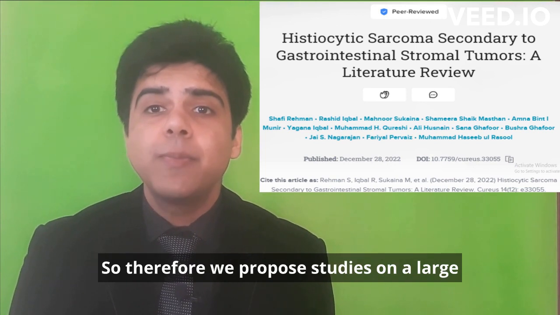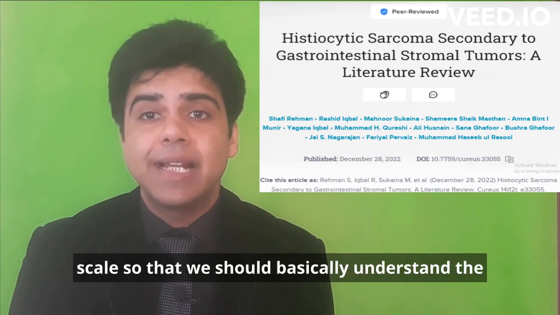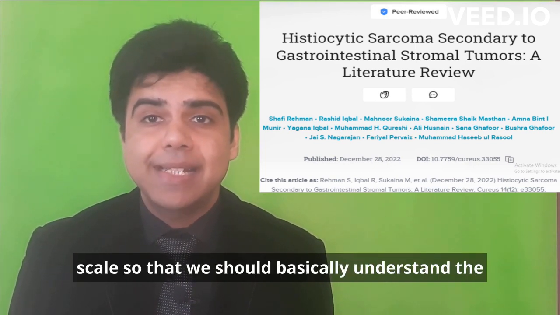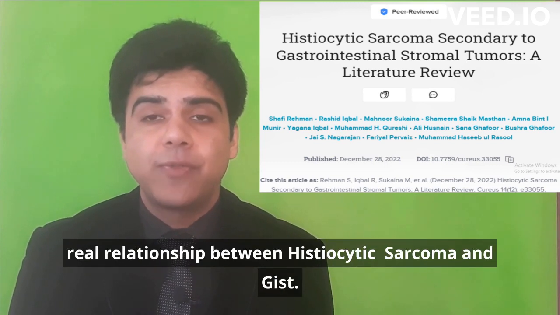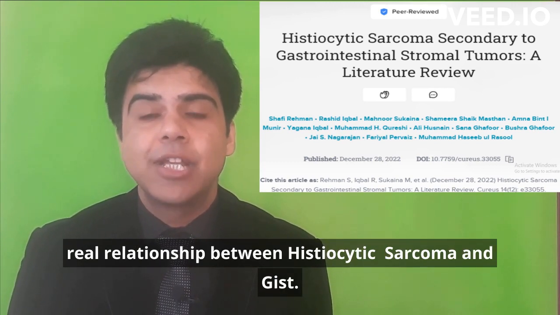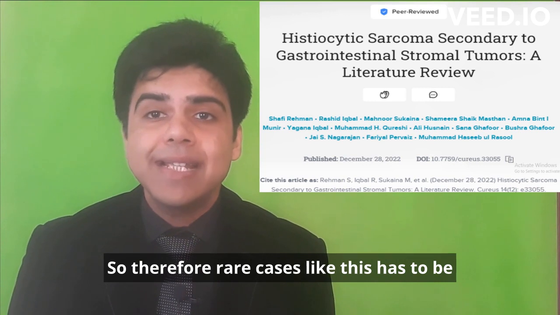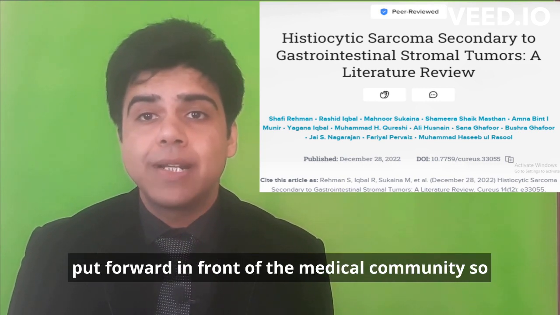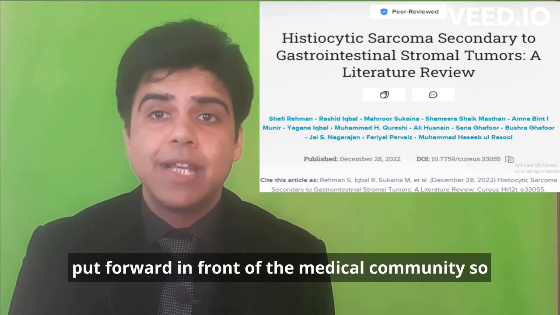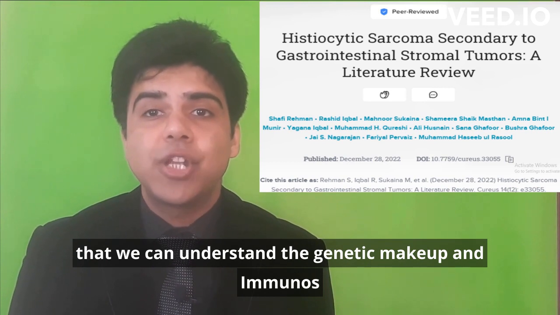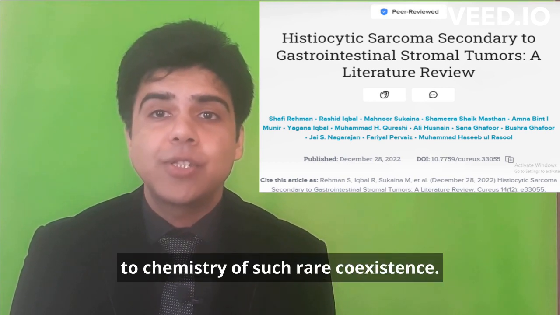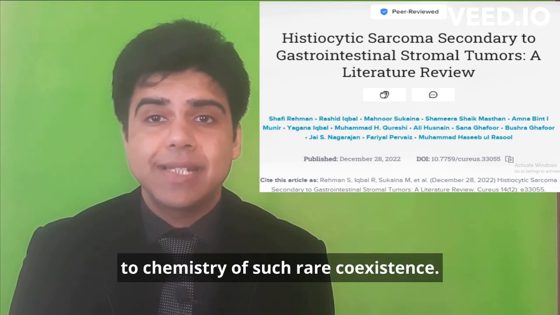Therefore, we propose large-scale studies so that we can understand the real relationship between histiocytic sarcoma and GIST. Rare cases like this have to be put forward in front of the medical community so that we can understand the genetic makeup and immunohistochemistry of such rare coexistence.